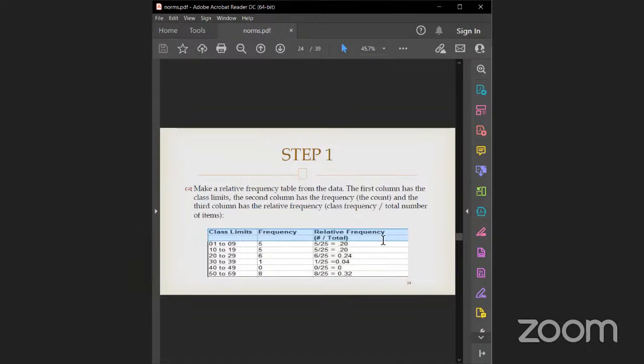So I'm just going to share the sheet so that we can all work on this together step by step. I'll just keep switching between the two screens, right? So just a moment.